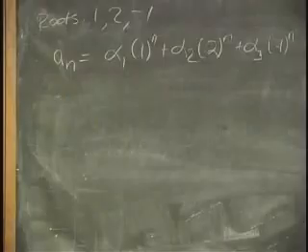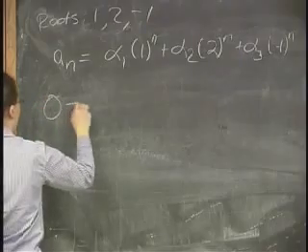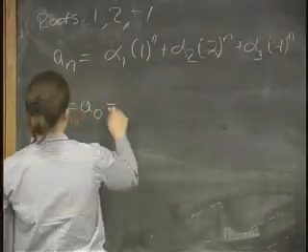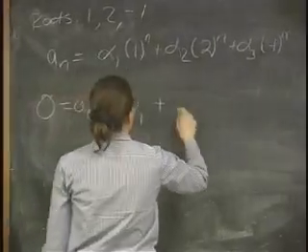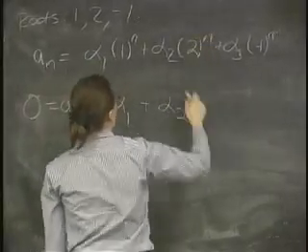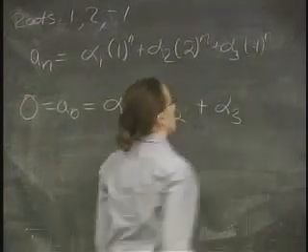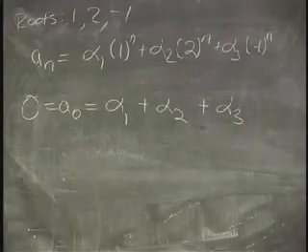Now we can find out what our constants are in this particular example because we know what our base cases are. A0 is 0. If we plug 0 in for n, we get alpha 1 times 1 to the 0, that's 1, plus alpha 2 times 2 to the 0, that's also 1, plus alpha 3 times minus 1 to the 0, that's 1. So we get alpha 1 plus alpha 2 plus alpha 3 equals 0.